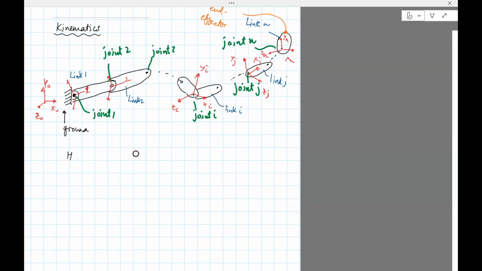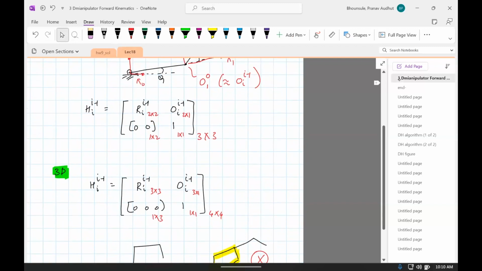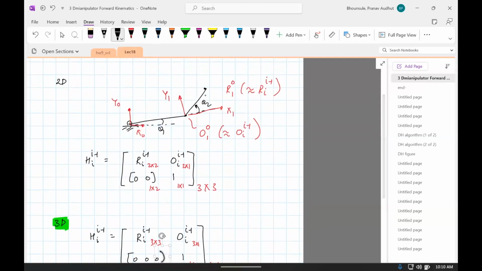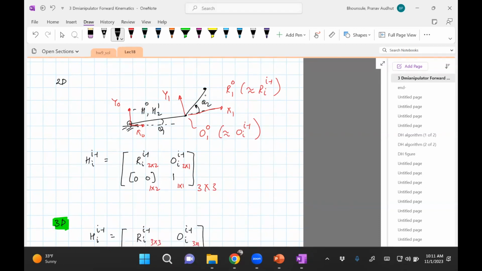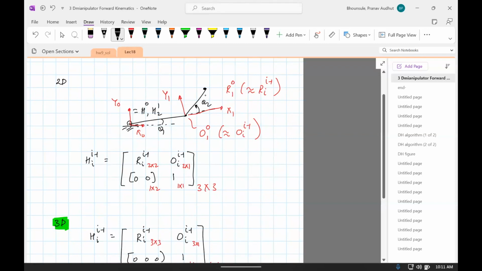For example, if you wanted to compute in 2 dimensions the position of the end effector, you'll just do H_1^0 times H_2^1, and then the third column of this matrix will give you the position. So we need to basically assemble the H matrices.